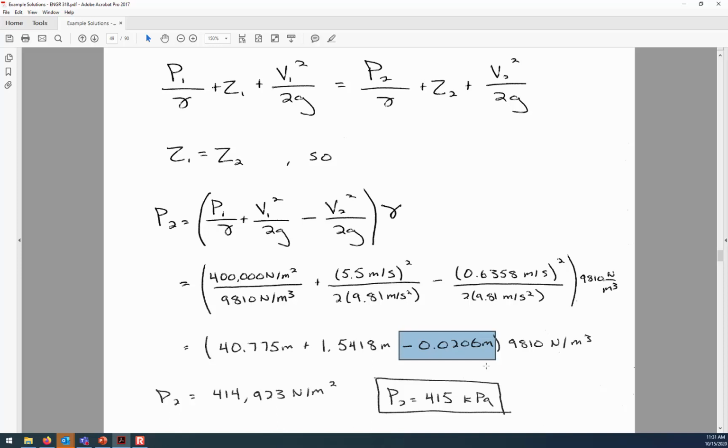The water's moving so slowly that very little of the energy is in the velocity head. So the pressure increased. It was 400 originally, but some of this energy that was in the velocity head at 1 got transferred into additional pressure at 2. So Bernoulli's equation is just about how energy is changing form between two points.